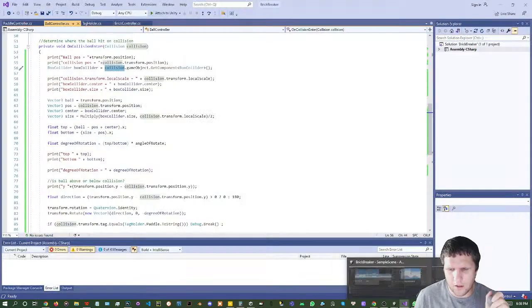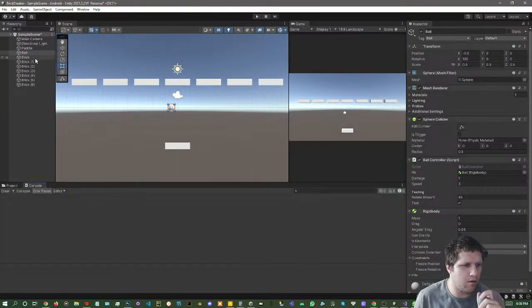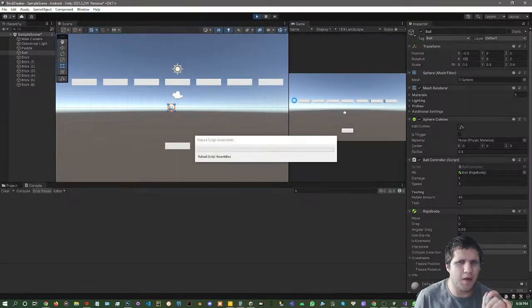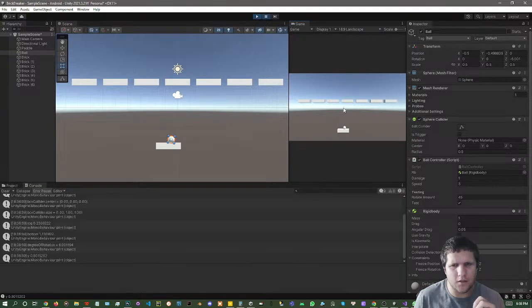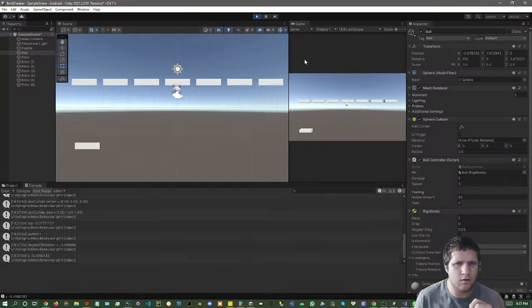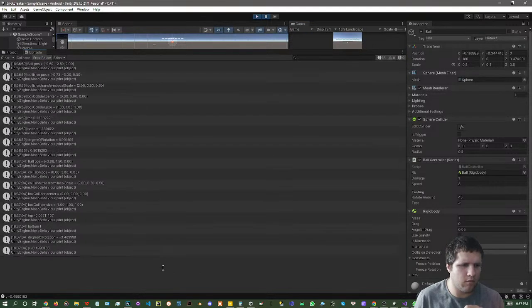Okay, let's take the calculations of a brick hit and the calculations of a paddle hit. And let's write them all down and see what the difference is. Okay, there's our paddle hit, and there's a brick hit.